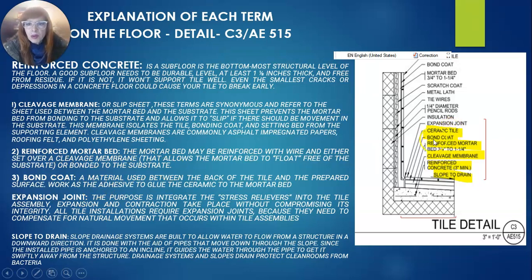Then comes the bond coat. The bond coat is a material used between the back of the tile and the prepared surface. This is the last material that is used when installing the ceramic.